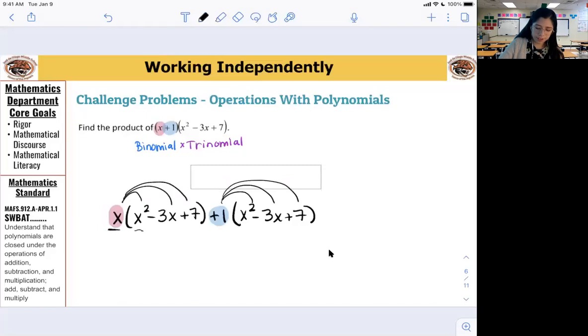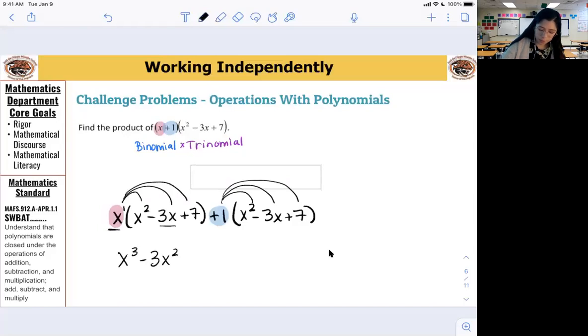So the first one over here, x times x squared, what do I get? X cubed, x to the power of 3. Next one, x times negative 3x, negative 3x squared.